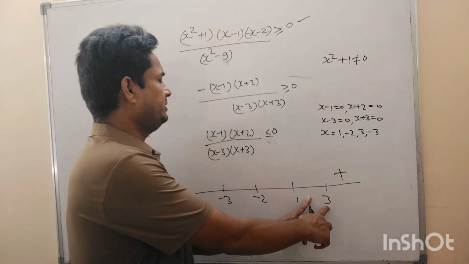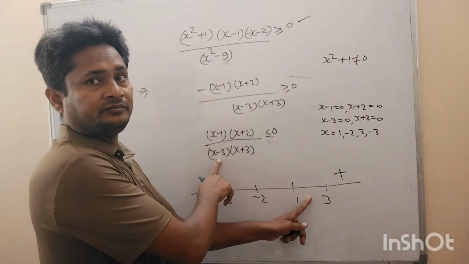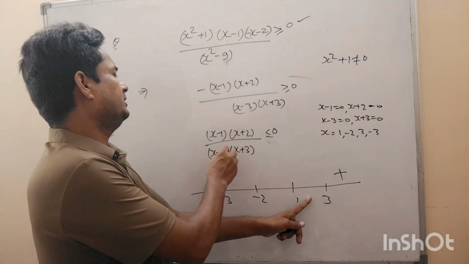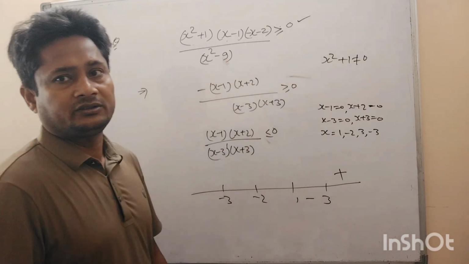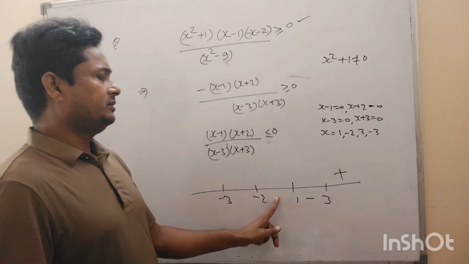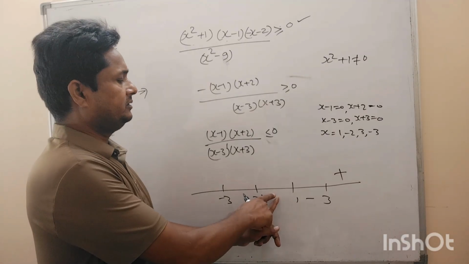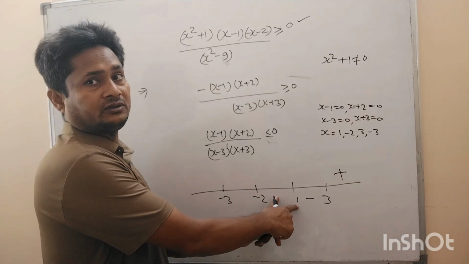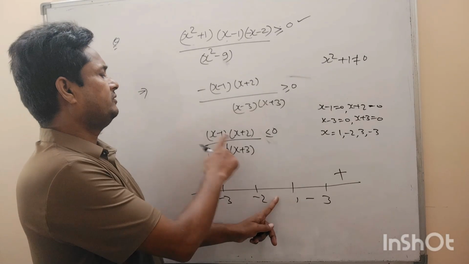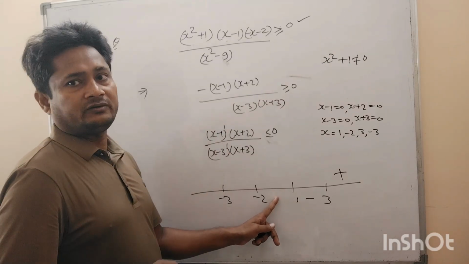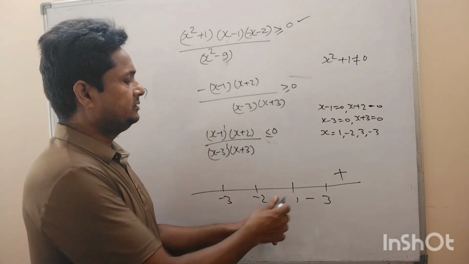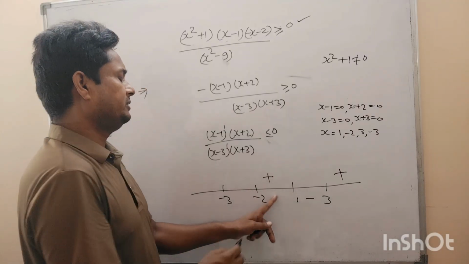See, 3 came from this factor, and this factor has power 1, odd power, so the sign will change here like this one. Again the sign in this interval will be according to the root 1. Root 1 came from this factor x minus 1, and x minus 1 has power 1, so the sign will again change here, minus sign, then it will be plus sign.